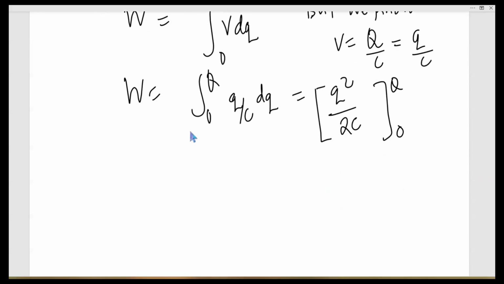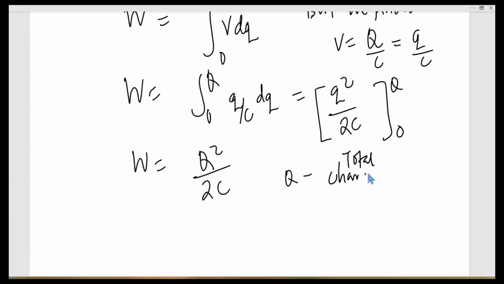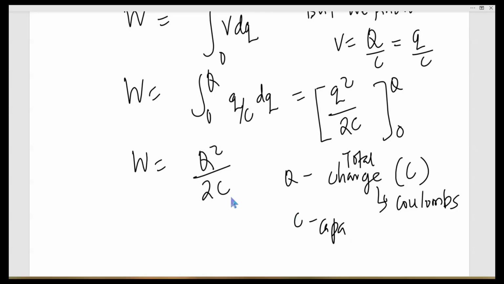And what does that become? The work done becomes Q squared out of 2C, whereby Q is the total charge in coulombs, and C is the capacitance of the capacitor.